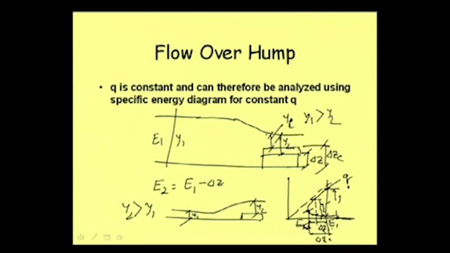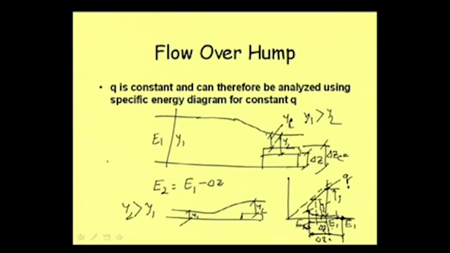So, the upstream energy level will have to come up, and only with the increased level can it accommodate the delta z which is higher than the critical delta zc.